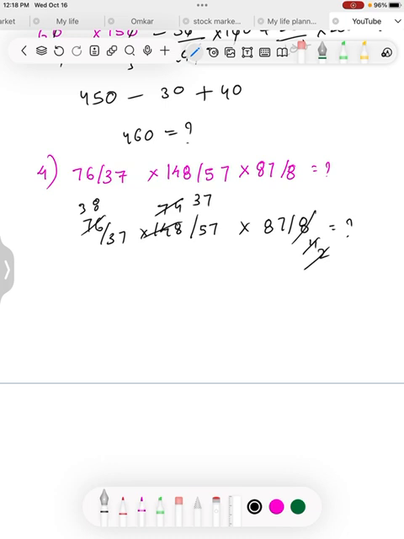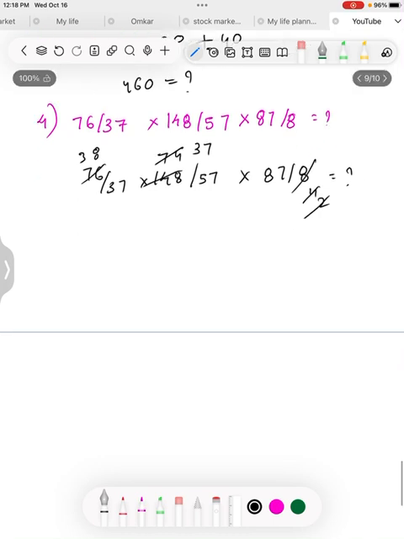So in this way. If you see here, you can just get it cancelled. So here you can see 57 is left, right? So you can just show it.